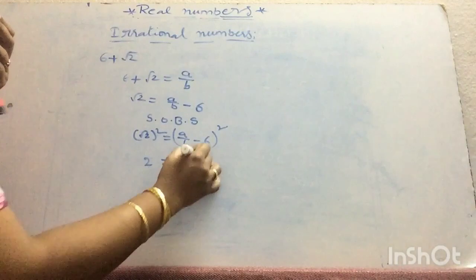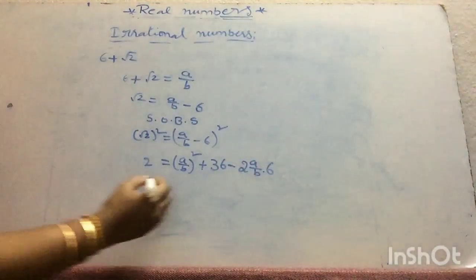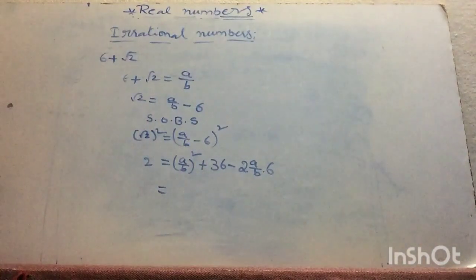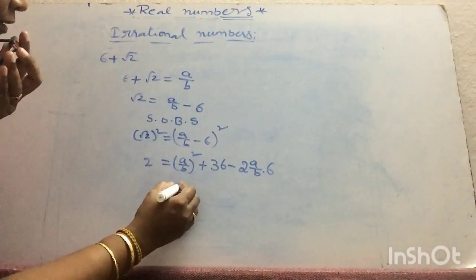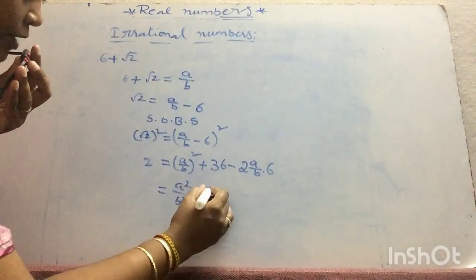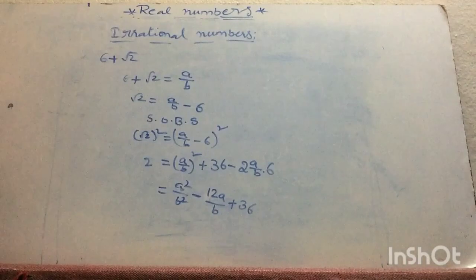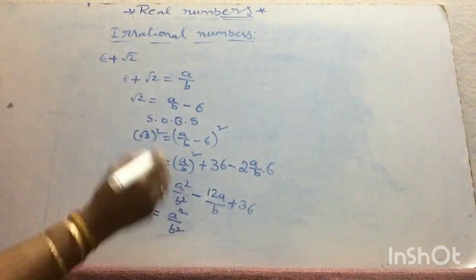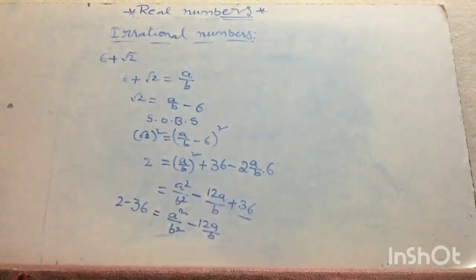Then we get 2 equals a square by b square minus 12a by b plus 36. I will take this 36 to this side.